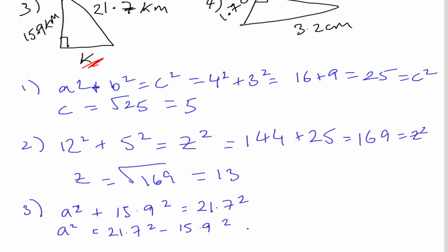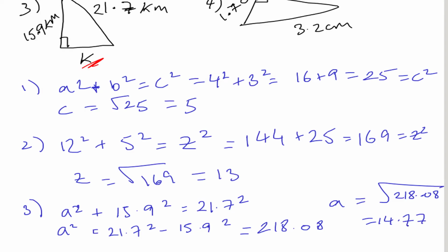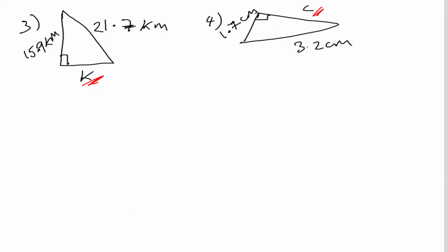In your calculator that comes to roughly 218.08. So a is the square root of 218.08. That comes to 14.76, etc. But to 2 decimal places it comes to 14.77.